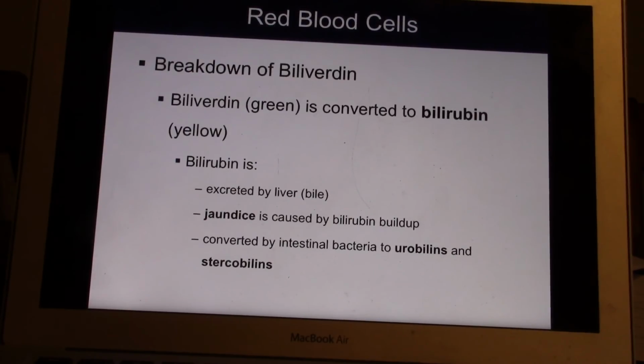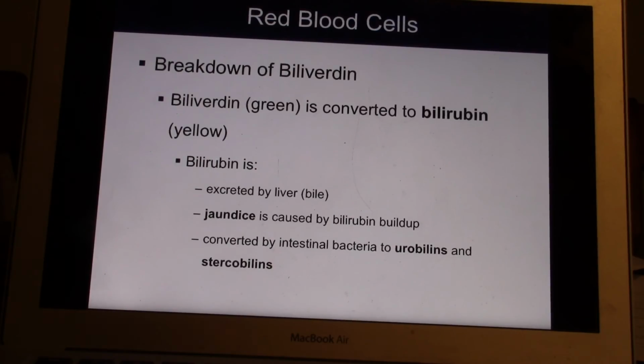Well, we do that by turning the biliverdin, which is that green product, the breakdown product of hemoglobin, into bilirubin. Now, bilirubin is yellowish green, and it's made in the liver, comes out in your bile. That's why your bile is yellow to green. And the bilirubin, as it says there, is excreted by your liver.